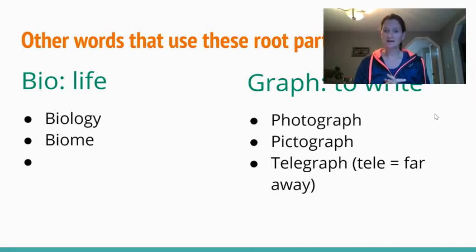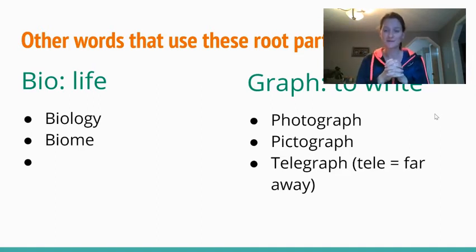The graph part of biography means to write, and there are other words that use that graph to write part, like photograph, pictograph, telegraph, and remember tele we learned about last week with telescope. Tele means far away. And well before telephones, we had telegraphs, where you could send a message or write using that graph word to someone far away, and it was a way to send a message through wires.